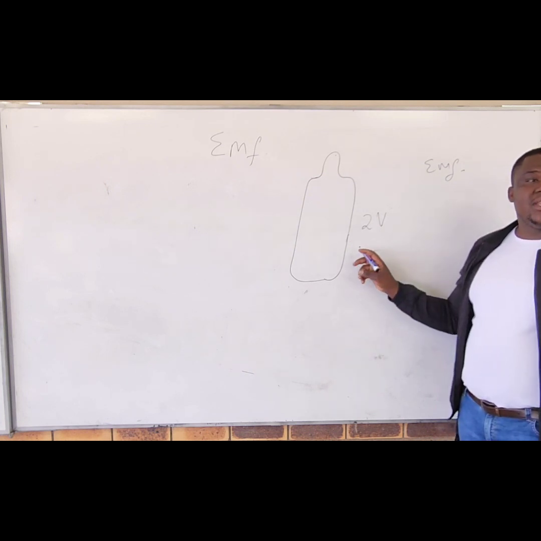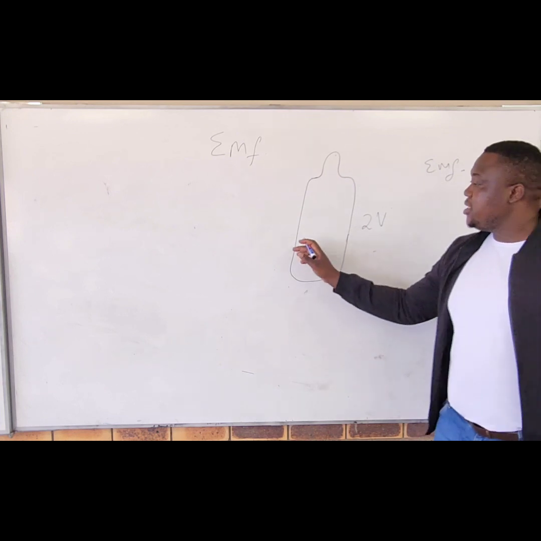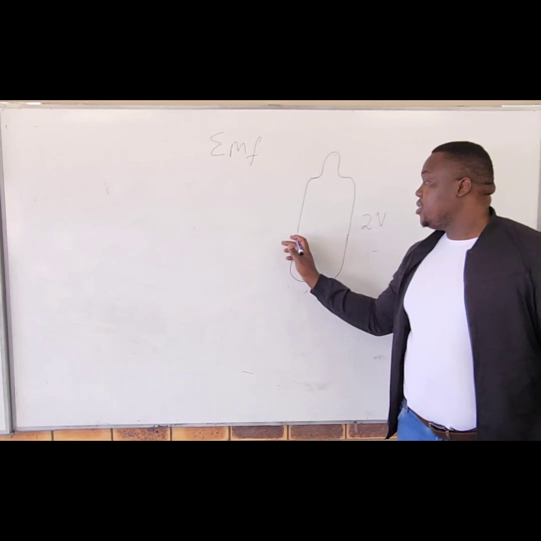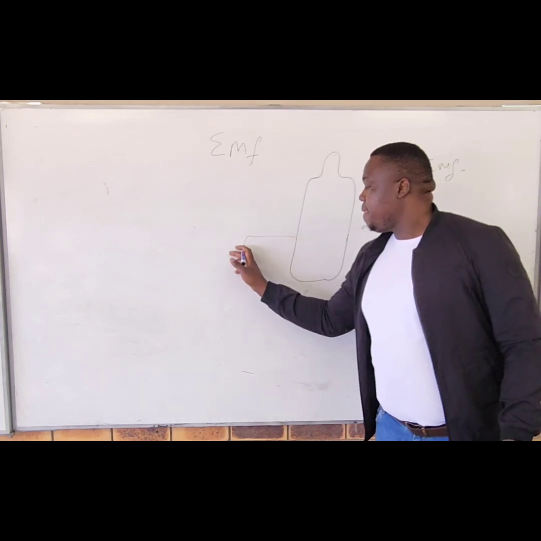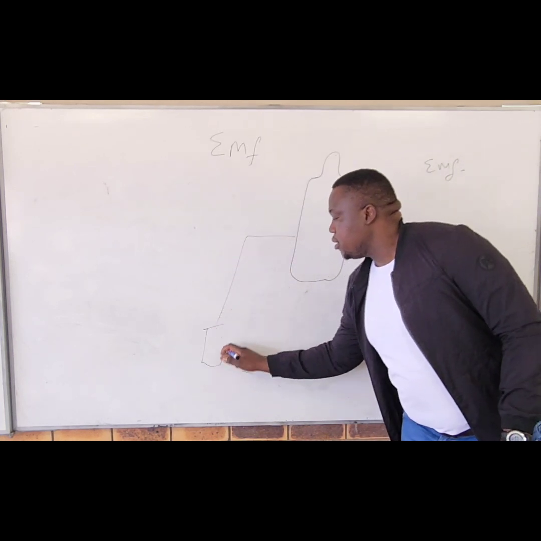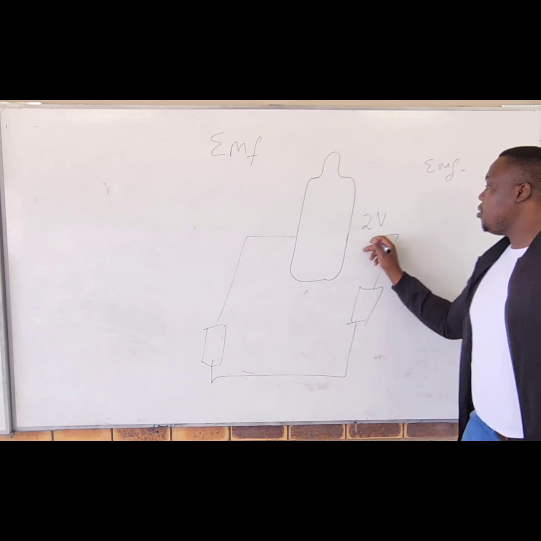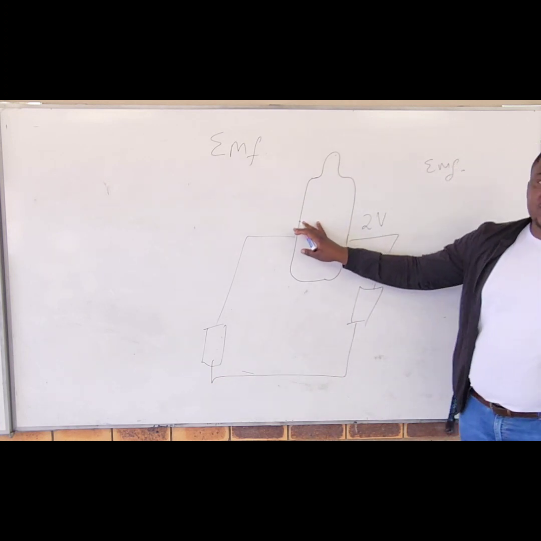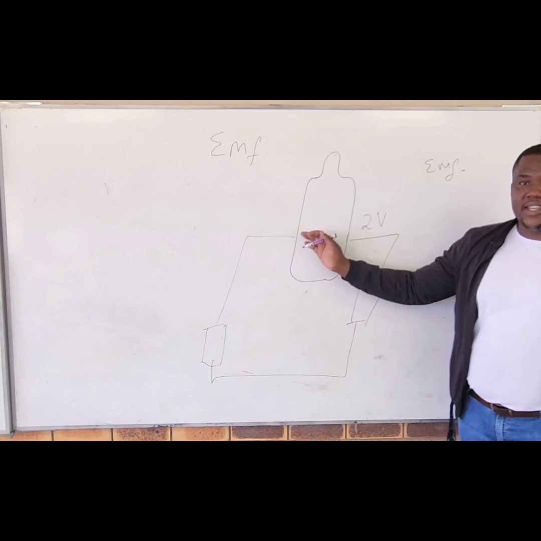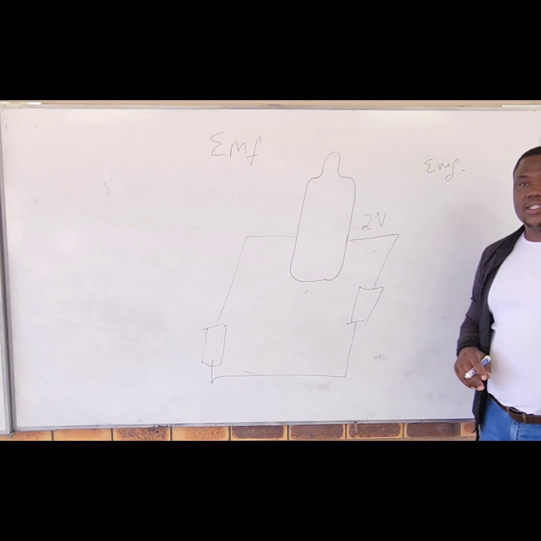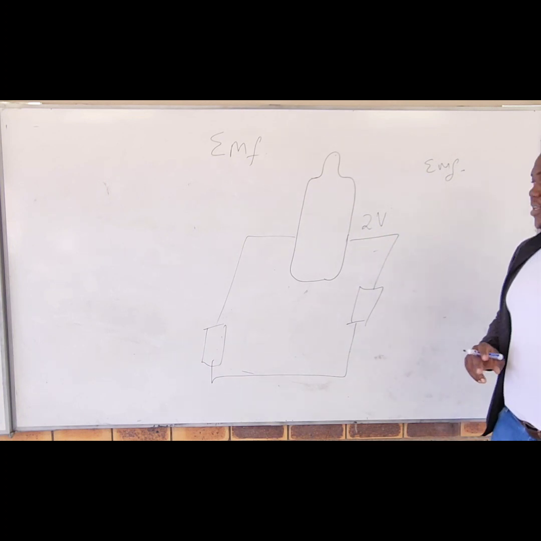Let me just draw something informally so that you can understand. Resistor number 2. I was supposed to draw a cell here, so I've drawn the battery itself for the sake of explaining.